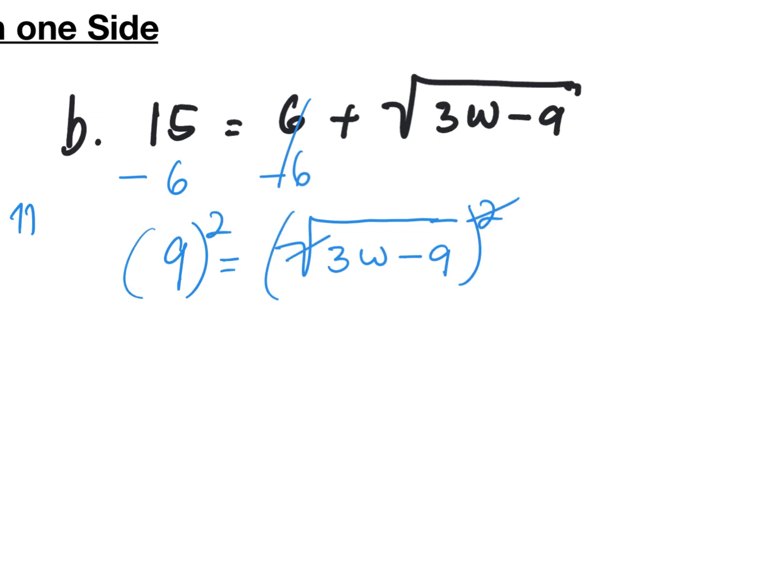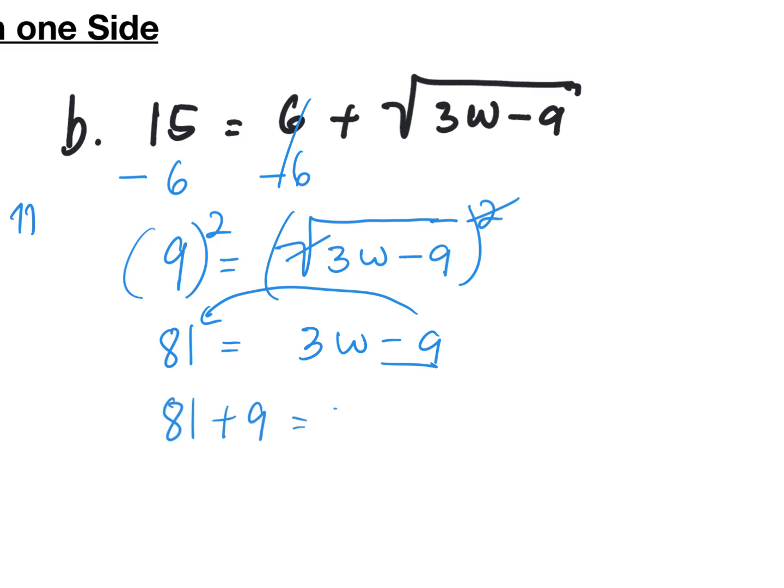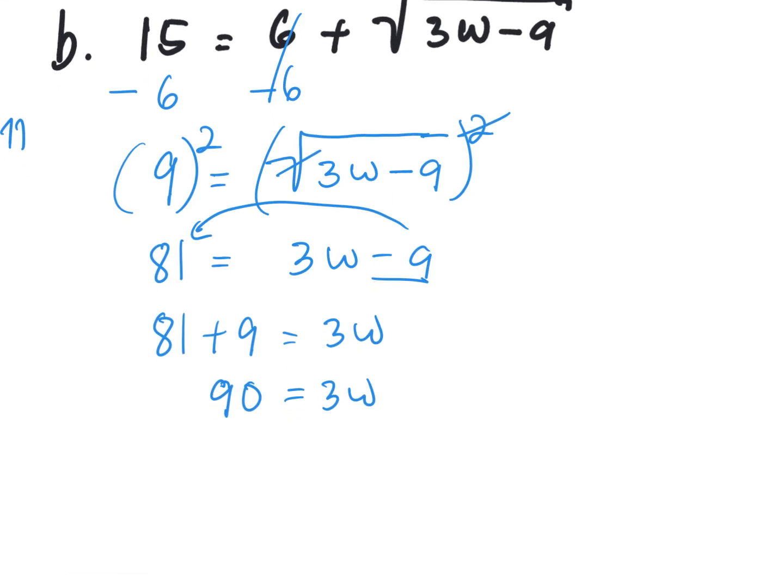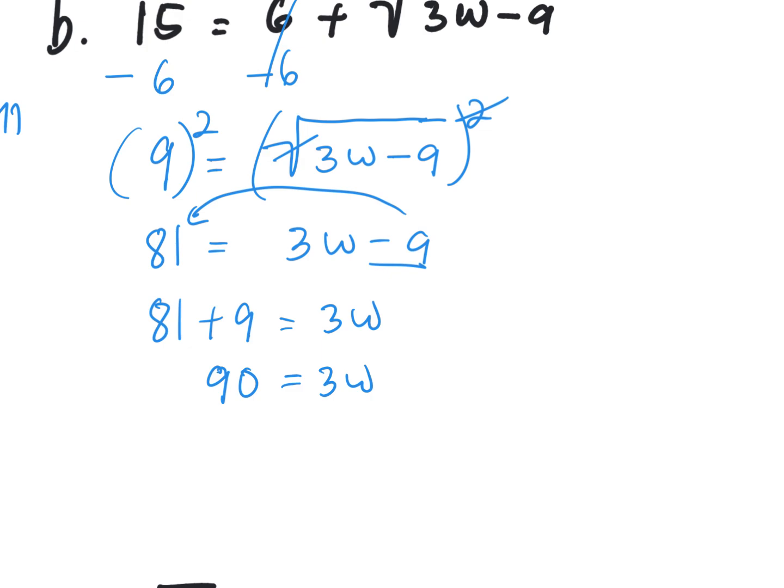This is going to give you 81 is equal to 3w minus 9. Putting this 9 on the other side, transposing it, it's going to give you 81 plus 9 is equal to 3w. This is going to give you 90 is equal to 3w. Dividing both sides by 3, that's going to give you w is equal to 30.